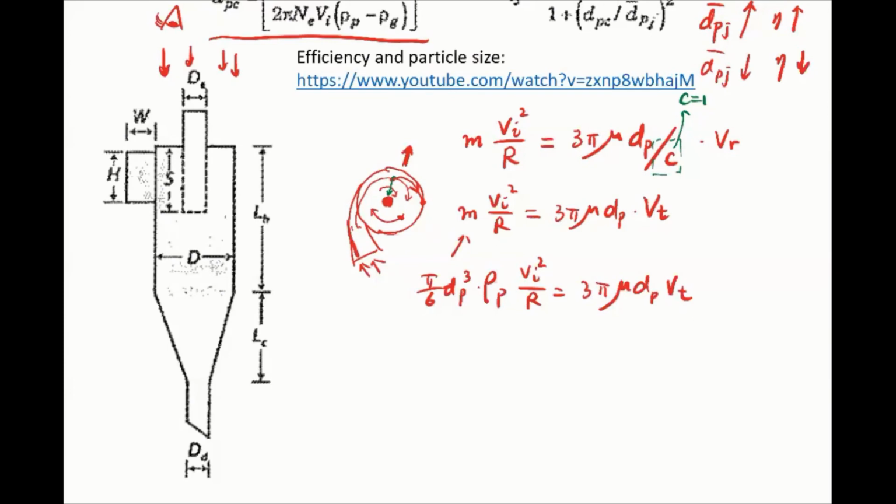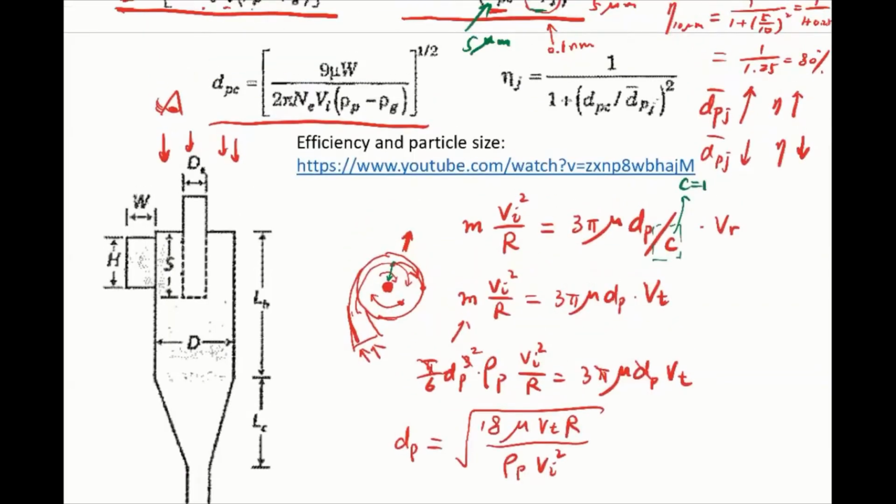Okay, so dp can get cancelled here, we have two of the dp's, right? If we just solve this equation, pi and pi can get cancelled. We have 18 mu vt r divided by rho p vi squared. Okay.